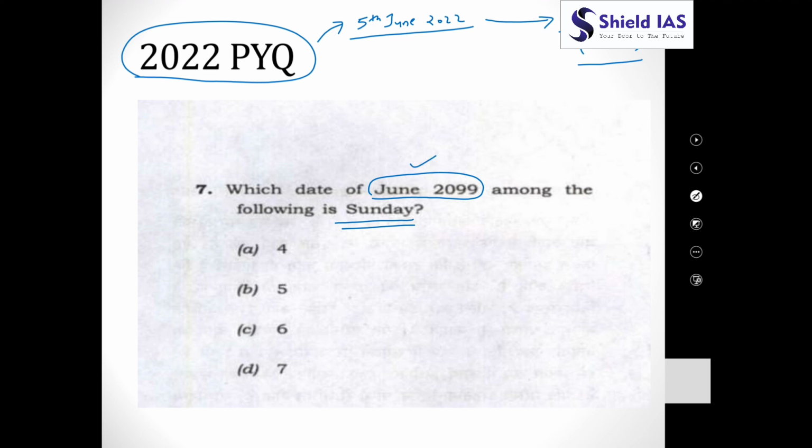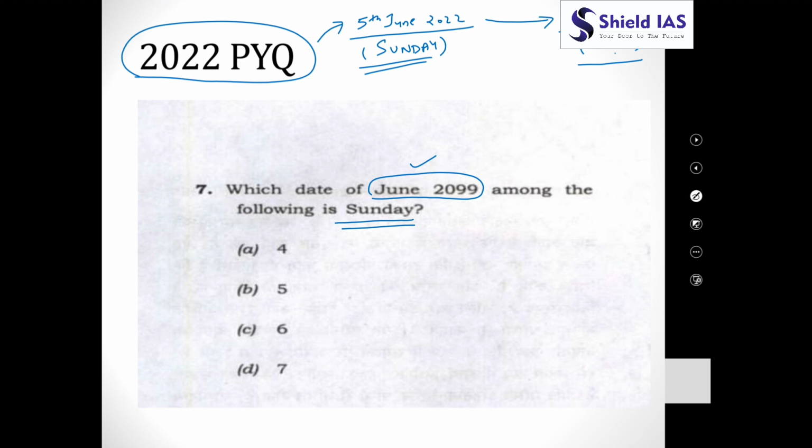So what I have to do is only calculate the day on 5th June 2099. I am aware that 5th June 2022 is a Sunday. In this question we will be exploiting the property that one given year is equal to 1 day.